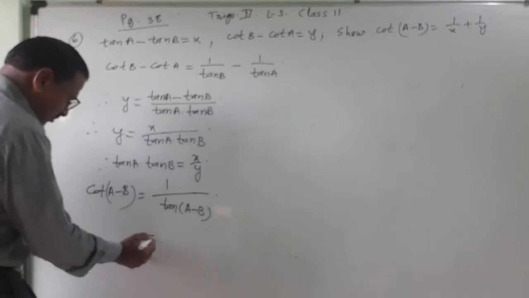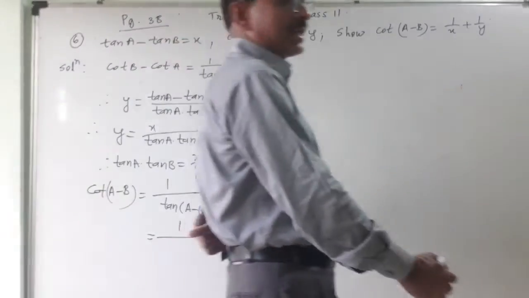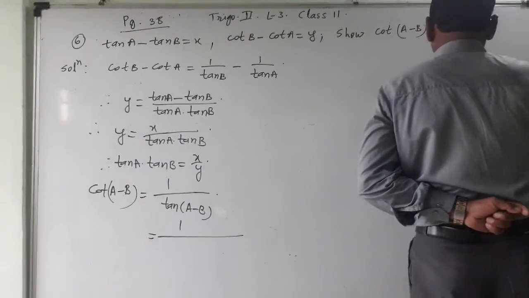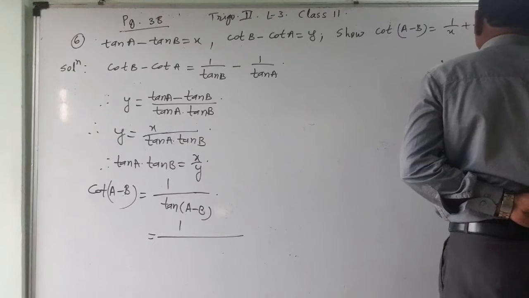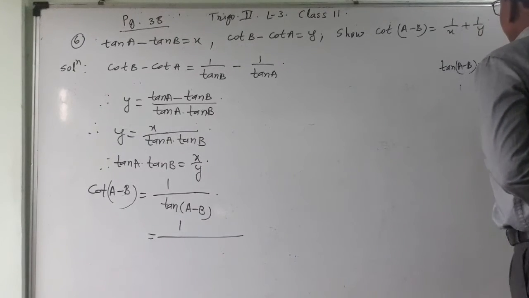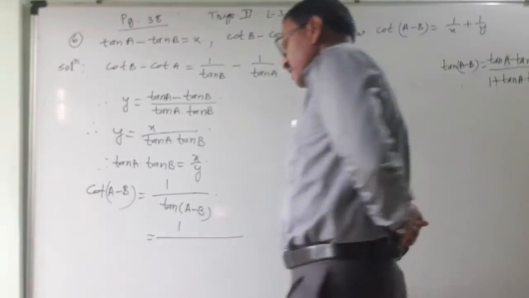That is equal to 1 upon tan A minus tan B formula. Tan of A minus B is tan A minus tan B upon 1 plus tan A into tan B. This is our formula. I will use that formula here.